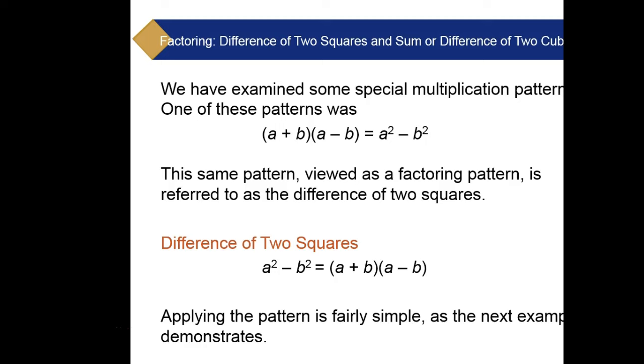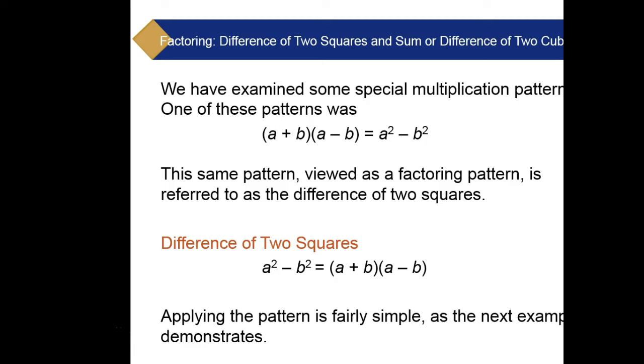So guess what factoring is? Undoing multiplication, right? So if I say factor that, how can you factor it? A minus B times A plus B. We know how to factor that already because we just did that. The same pattern viewed as a factoring pattern, reverse the sides, is referred to as the difference of 2 squares.